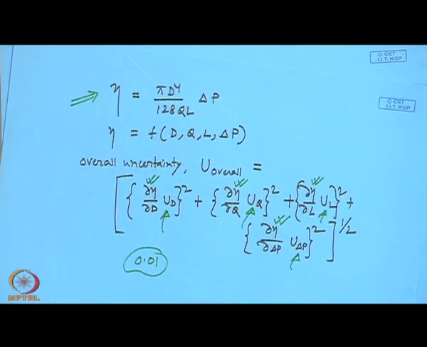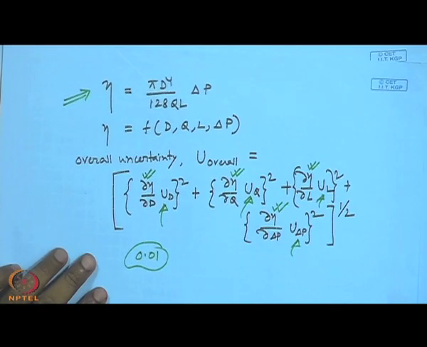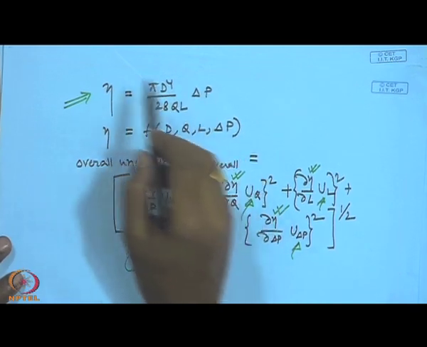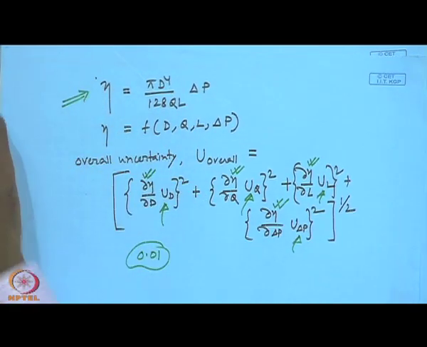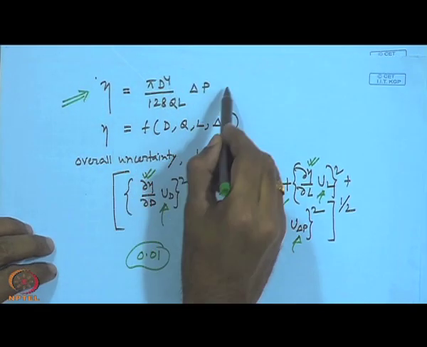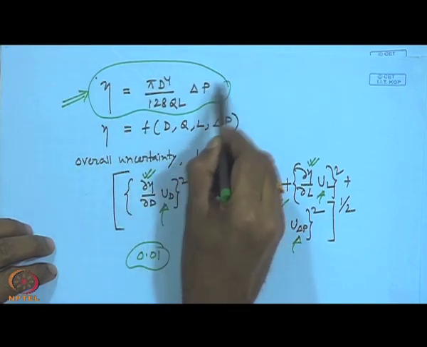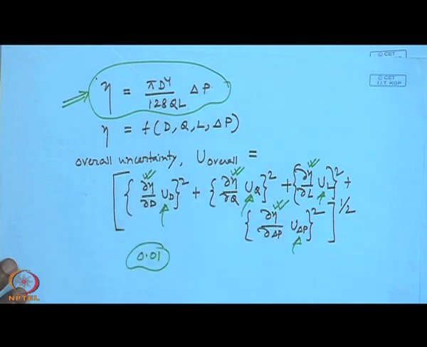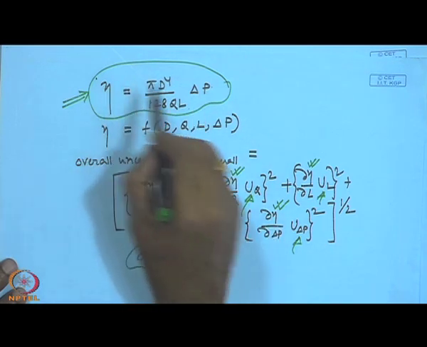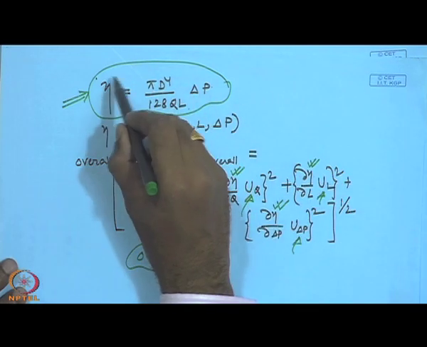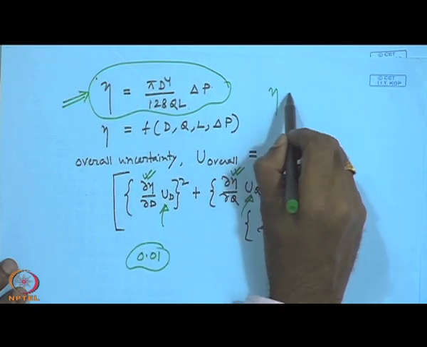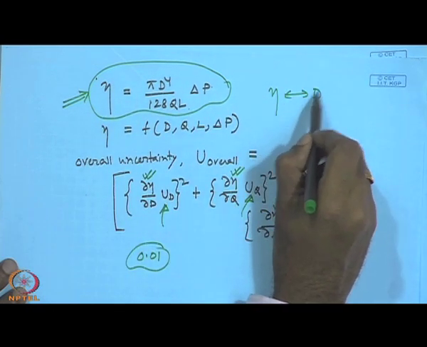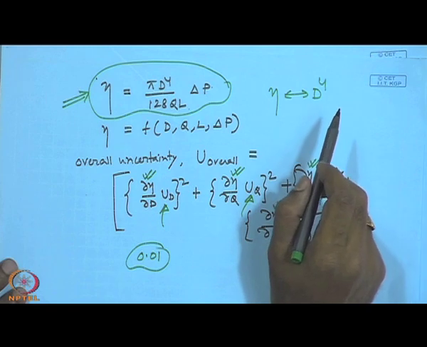If you look at the relationship of eta with the diameter, Q, L and delta P, you see eta varies with the 4th power of diameter.